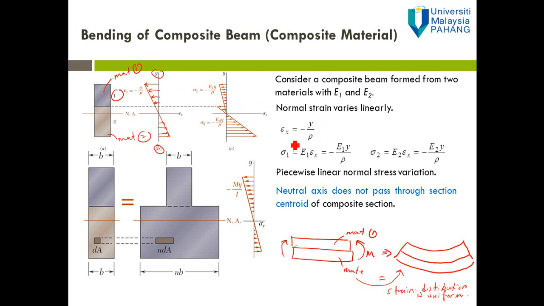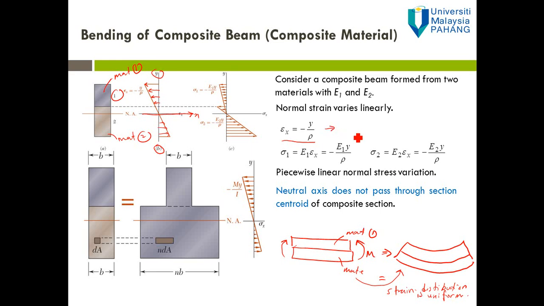So we can write that the strain in the x direction, epsilon x, equals y over rho.